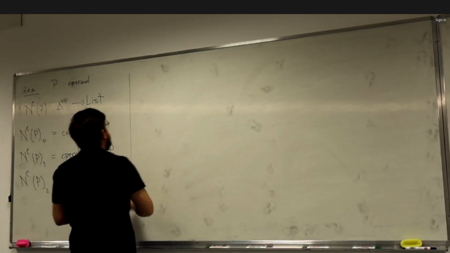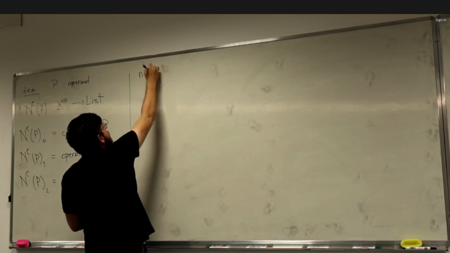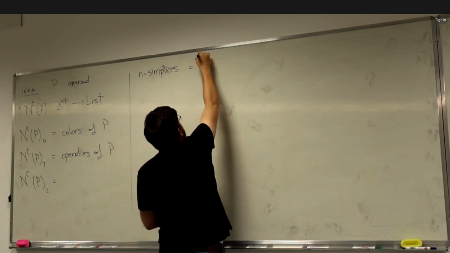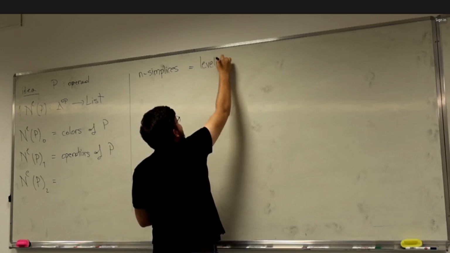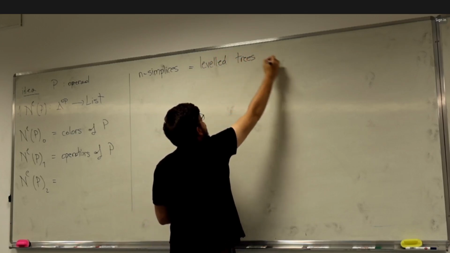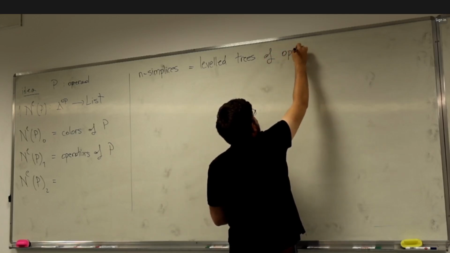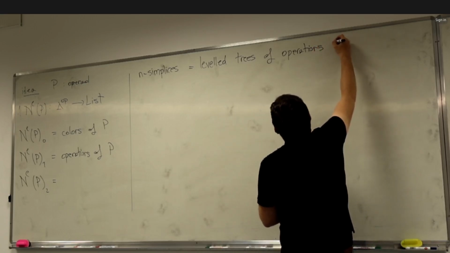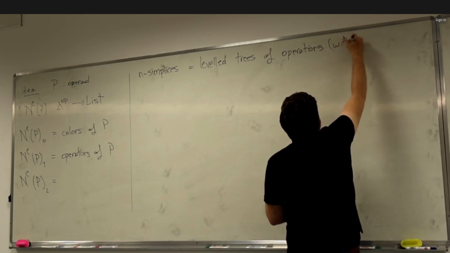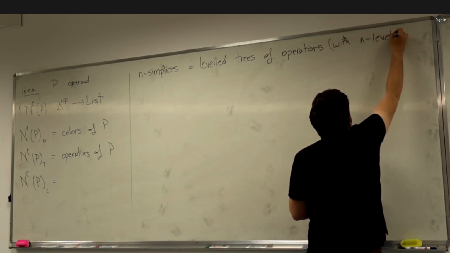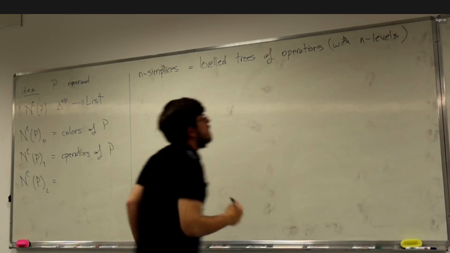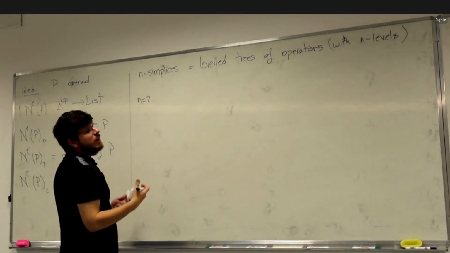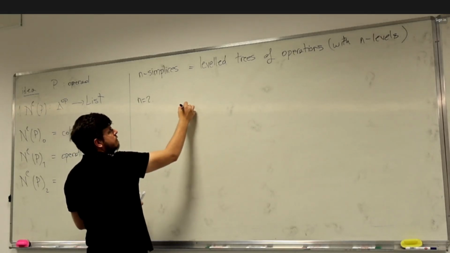And the general idea is that n simplices are leveled trees of operations with n levels. Let me briefly say what it is. For a 2 simplex, what do I mean by a leveled tree? It is a tree with levels.